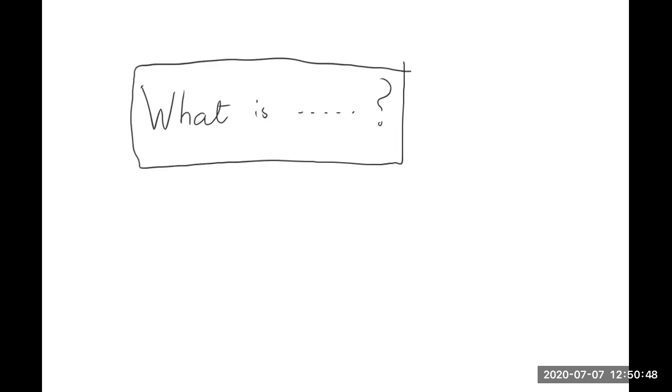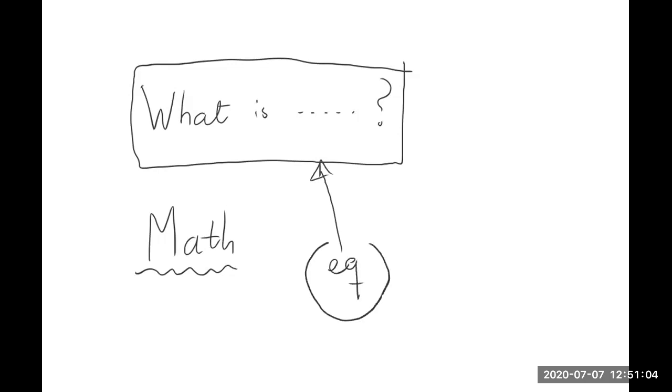What does it mean to ask what is something? When you are doing math, one answer to a what-is question is giving the equation. It's what this equation describes, even if you can't see that.